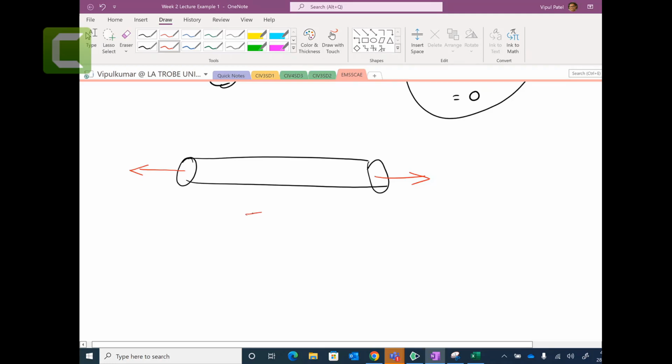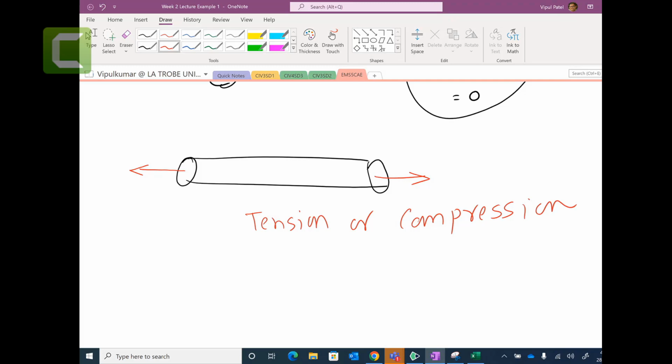Is it tension or is it compression? I'm pulling with the red arrows at the two ends. The internal resistance in the pencil would be like this. Do you agree with me? The red one is the external tensile force, but at the same time the blue one is called the internal tension force, and that's what we are finding.